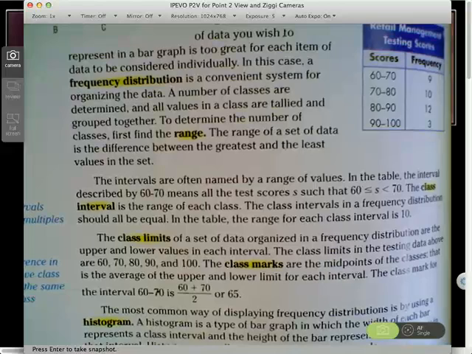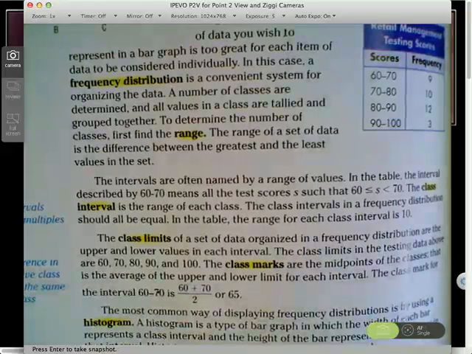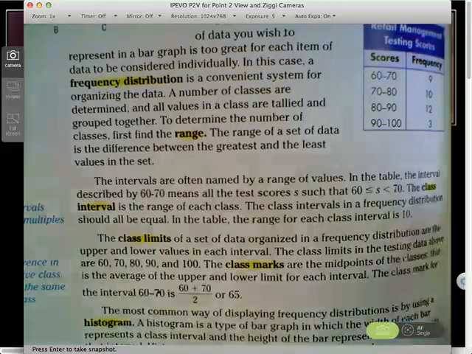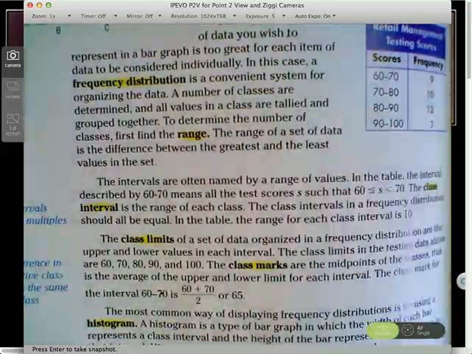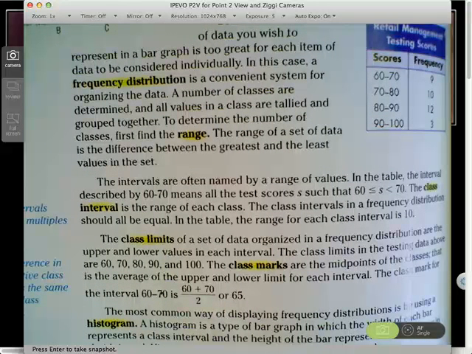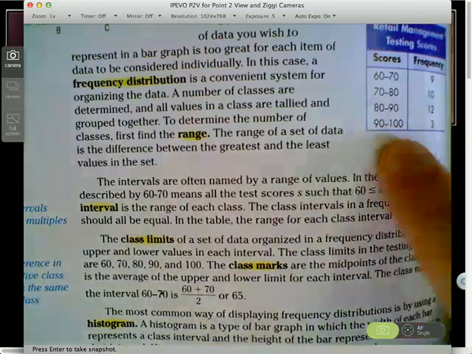Now if I refer to the class interval, it is the range of each class. So what do you think the class interval in this case would be? What are the class intervals there? 10, right? The range of each of those classes, I broke it up into spaces of 10.